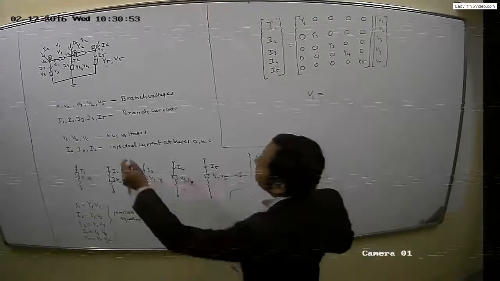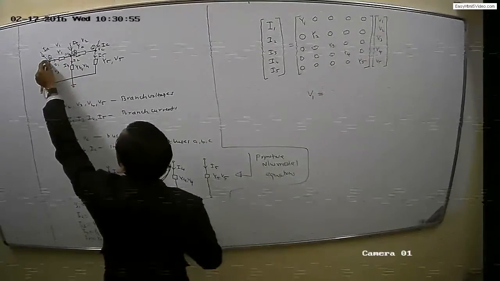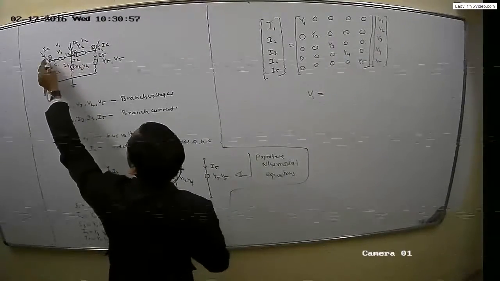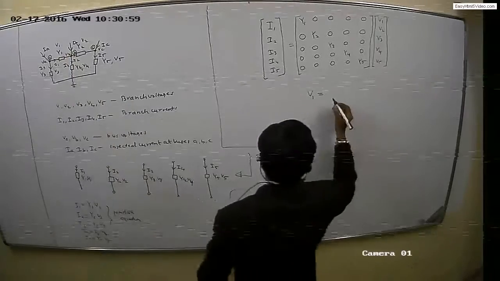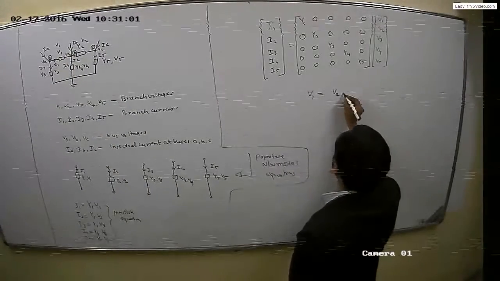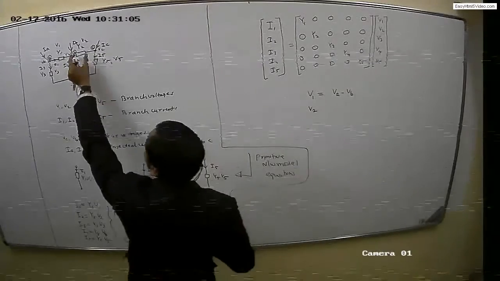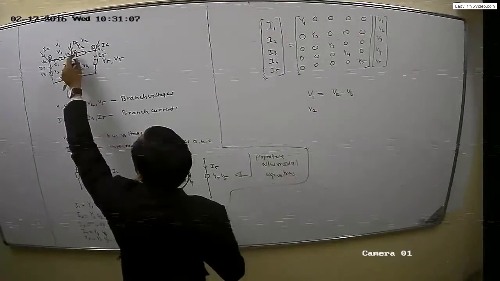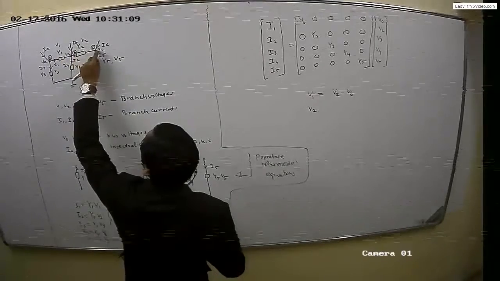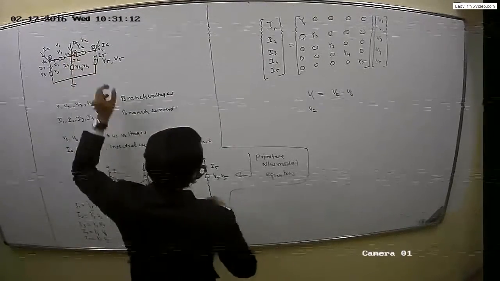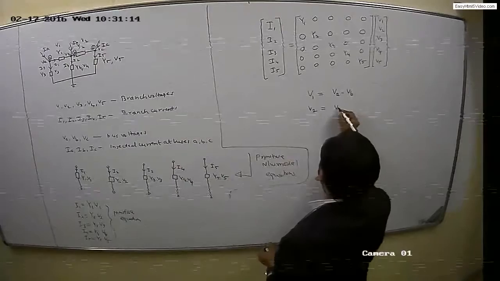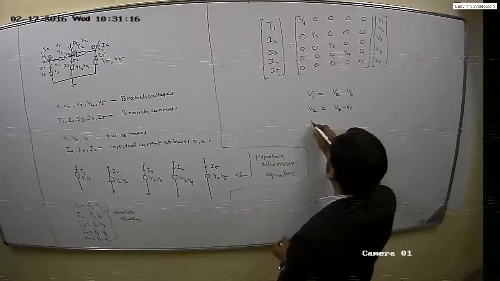Here V1 is nothing but the potential difference of these voltages, that is VA minus VB. For the second branch, the potential difference is VB minus VC, so V2 is nothing but VB minus VC.